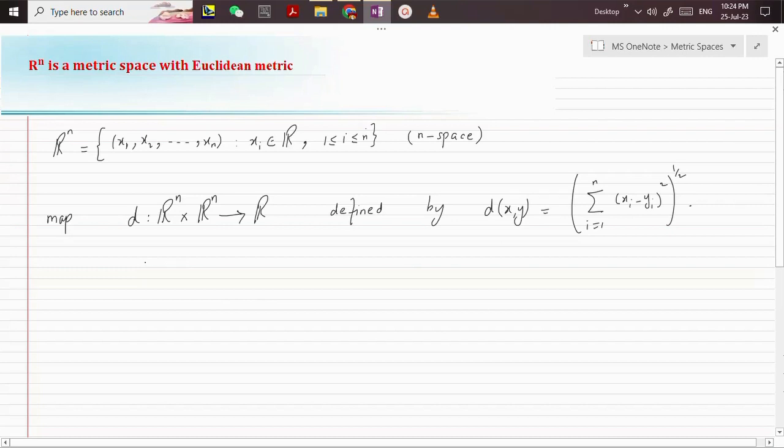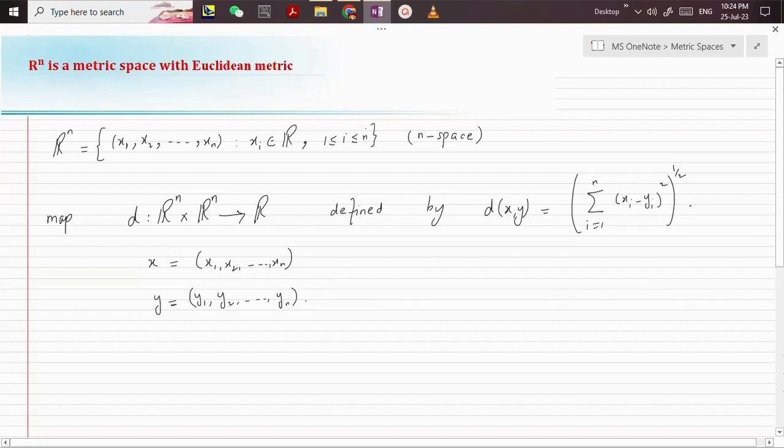x and y are elements of Rn. They are the n-tuples of real numbers x1, x2, up to xn, and we have y1, y2, up to yn.